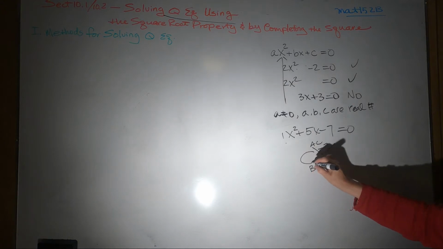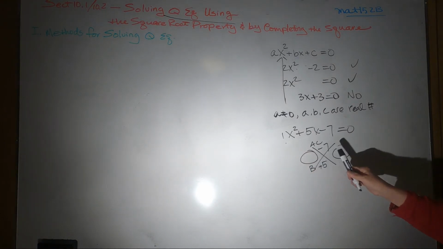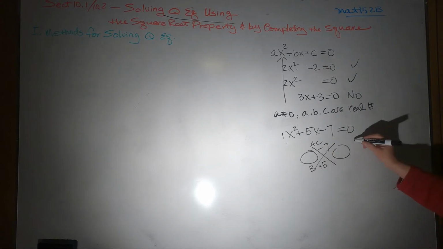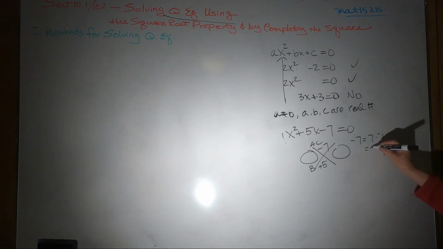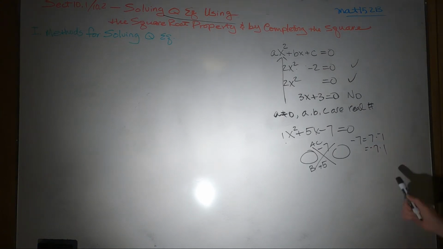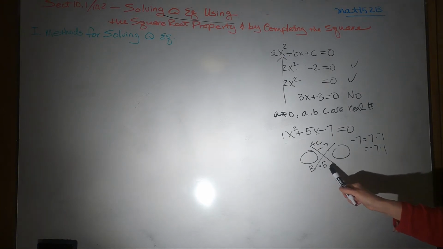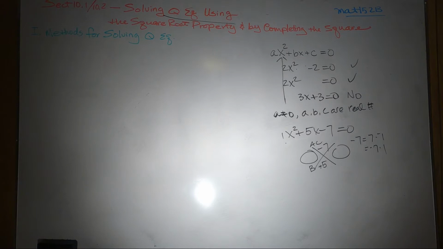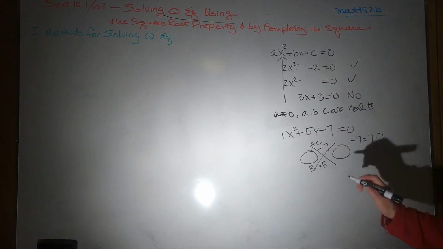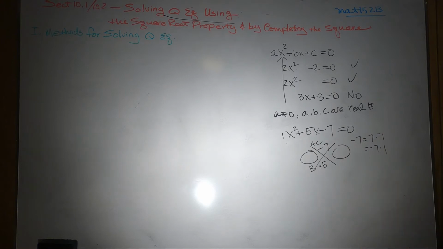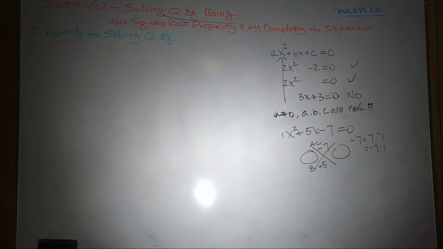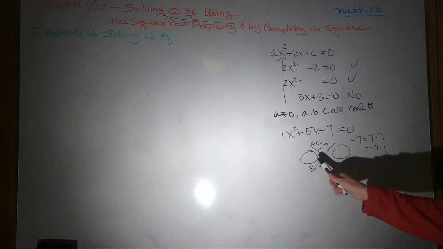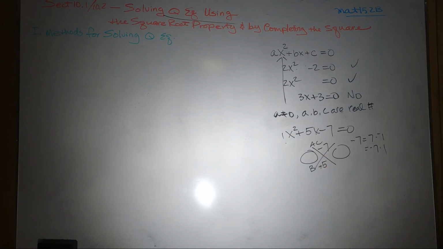Then we try to find two numbers that multiply together to -7 and add together to 5. -7 can be 7 times -1 or -7 times 1, but when you add them together, they cannot make positive 5. So the AC method only works when you have two numbers like this to factor.